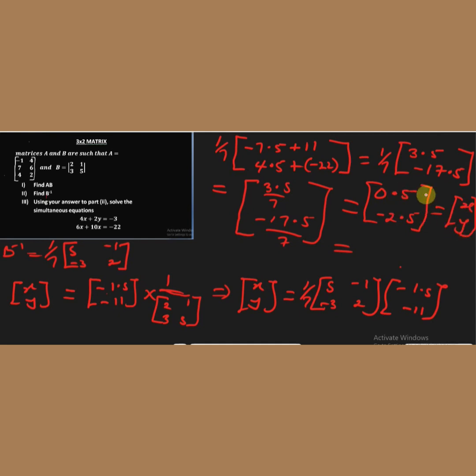So that means x is equal to 0.5, and y is equal to minus 2.5. So this is the answer. This is the value of x and the value of y. This is how to use matrices to solve simultaneous equations.